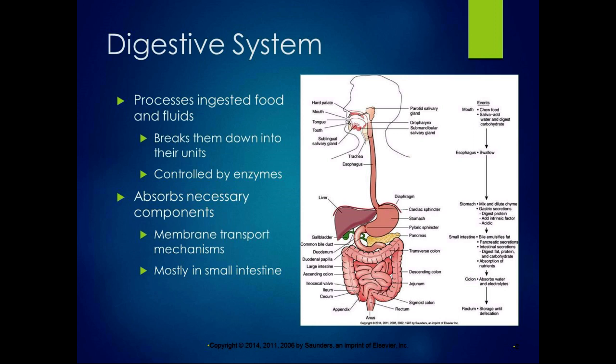So each section of it has a separate part of that job, but all together that's what it has to do. And then it eliminates wastes at the bottom of the tube.